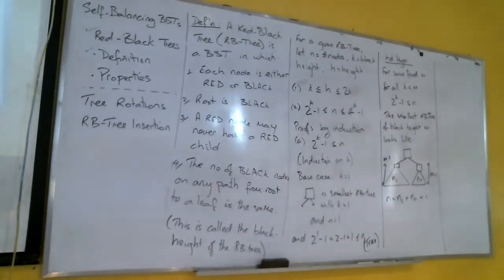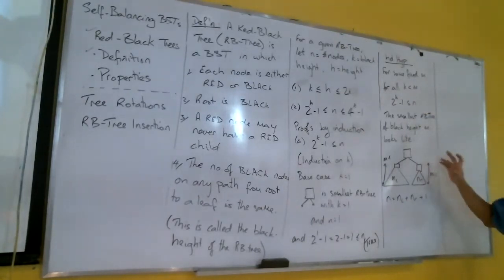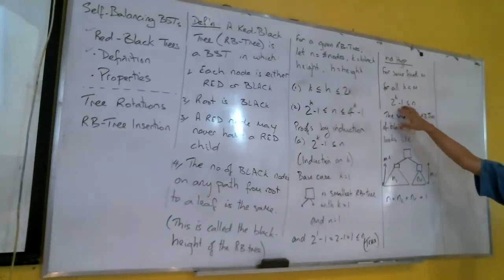Now, do we have a lower bound for NL and NR? By the inductive hypothesis, we do, because it says once the black height is smaller than m, and the black height is actually m minus 1, which is smaller than m, then we can invoke this presumption. Yes, this is the hypothesis.